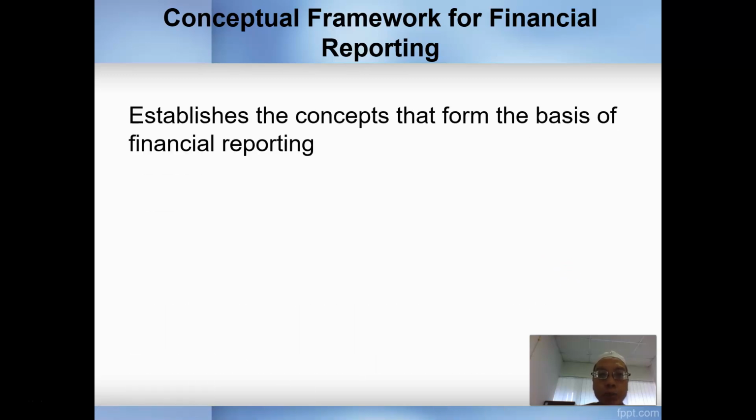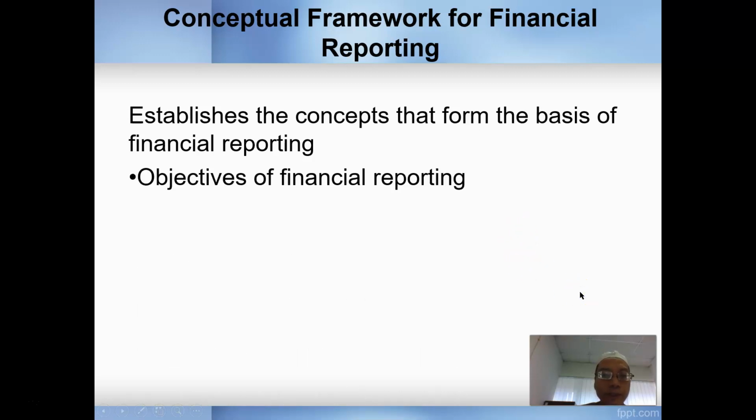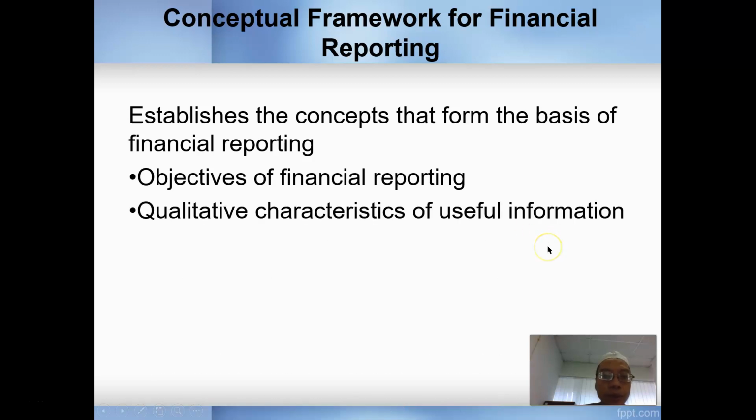The conceptual framework establishes the concepts that form the basis of financial reporting. The framework specifies the concepts that organizations should follow when they produce their financial statements. It has laid down the objectives of financial reporting.